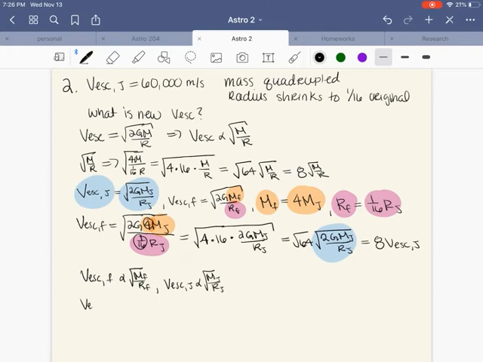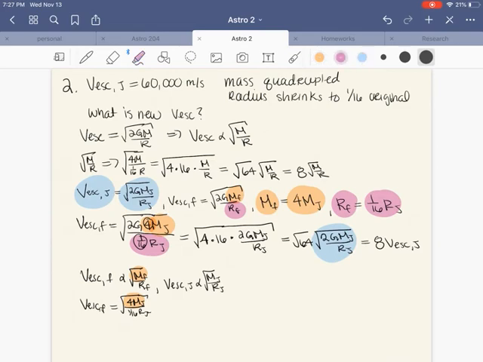For the final, I'm going to plug in 4 mass of Jupiter and then 1/16 radius of Jupiter.